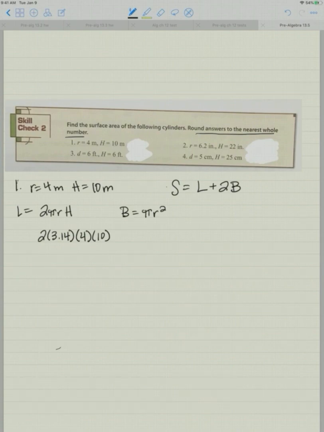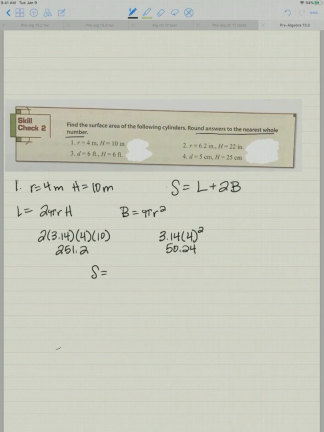Plug that into your calculator. 2 times 3.14 times 4 times 10 is 251.2. Big B, pi r squared, so 3.14 times the radius squared, 3.14 times 16, is 50.24.